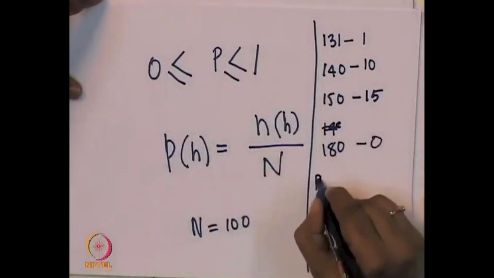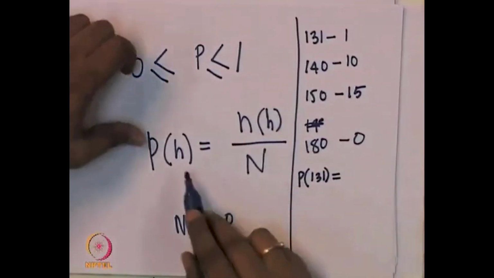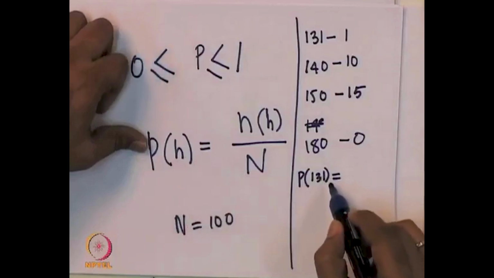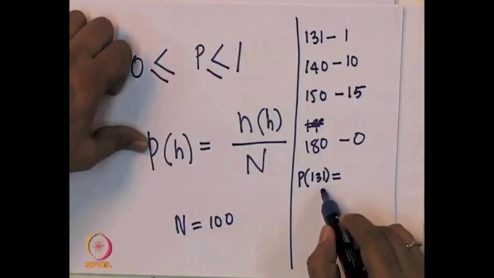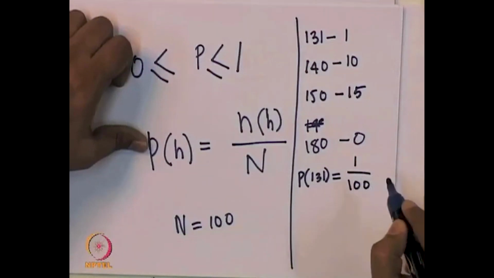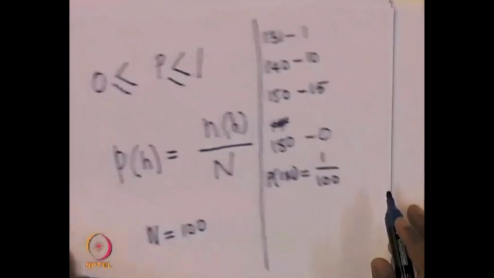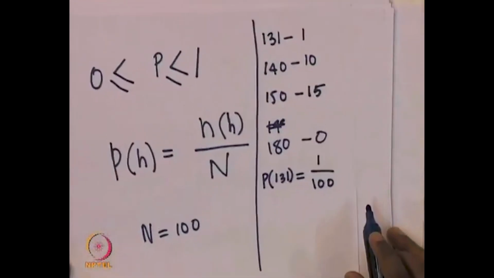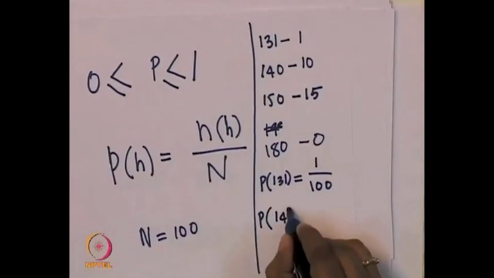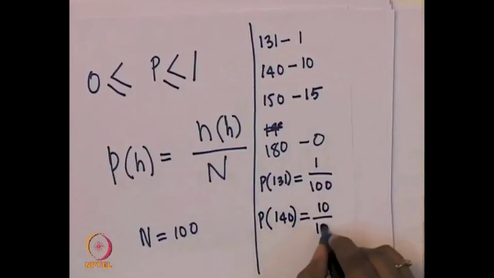we can call P of 131, the probability that students in your class have a height 131, is 1 by 100. So, this is the example. Just by following this formula, this is what you get. P of 140 is 10 by 100.